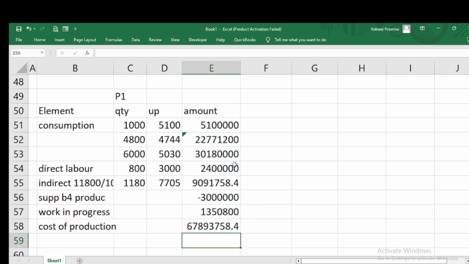Then what is now the quantity here? What was our quantity here? Our production. So I have 6,000. Here will be equal to this divided by this, and then we are good to go. This is now the cost of production of finished product P1 all together.